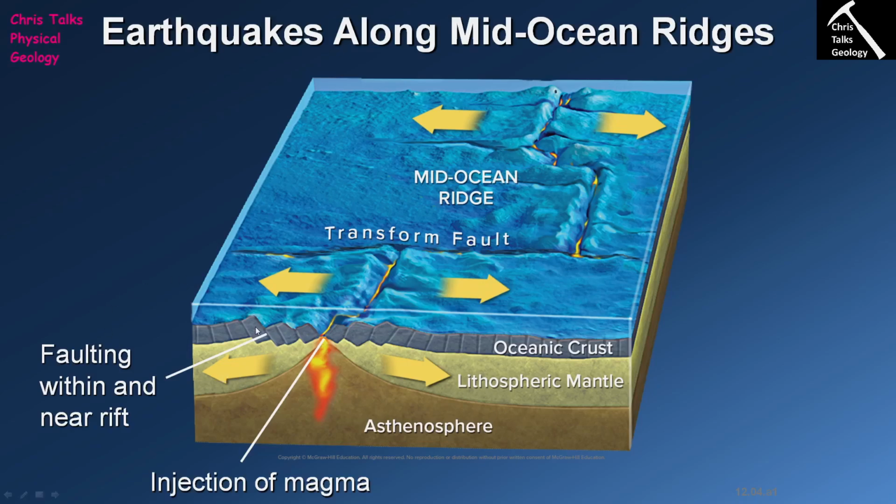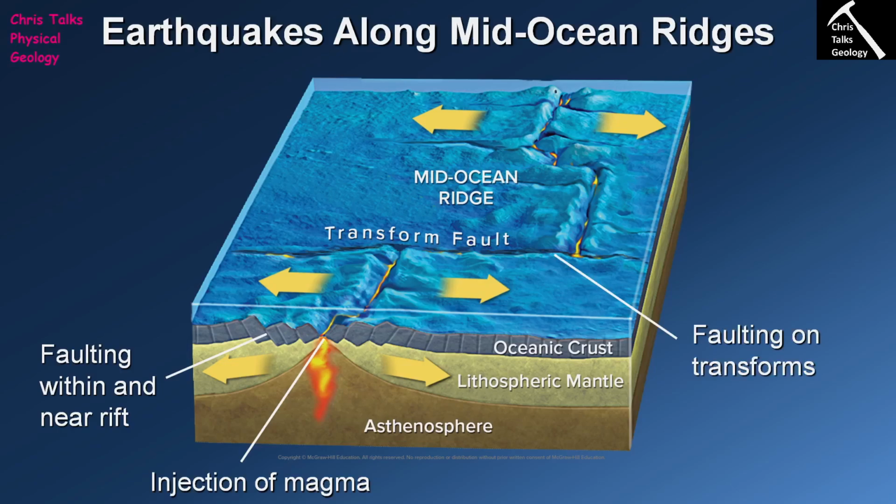And we can see that quite nicely here. So here is our footwall block, and this block right here represents our hanging wall block, and you can see that it's dropped down relative to the footwall. So this right here is a normal fault. And of course there's going to be fault movement along these fault planes, and of course this is also going to lead to the generation of earthquakes.